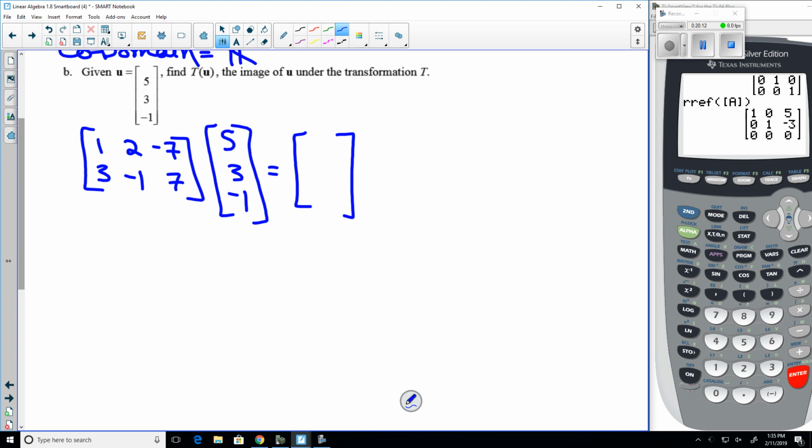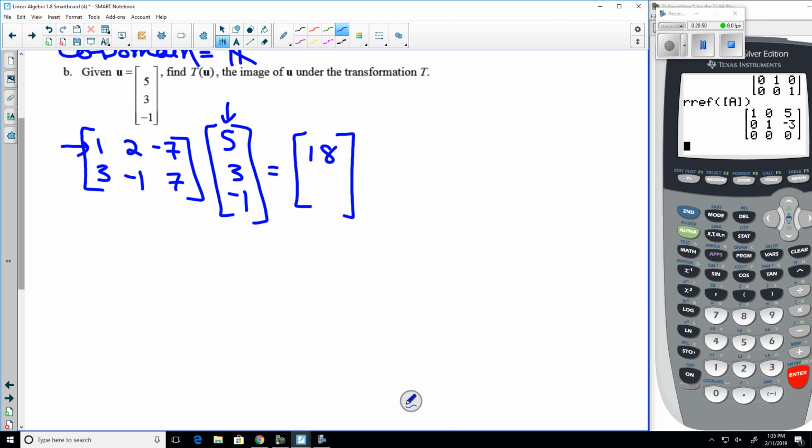So for the first entry, I'm going to take the first row of A and this column in X and dot product. I multiply the corresponding entries. So 5 plus 6 plus 7. 5 plus 6 is 11, plus 7 is 18.